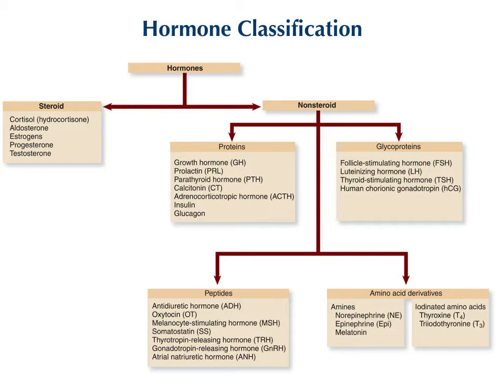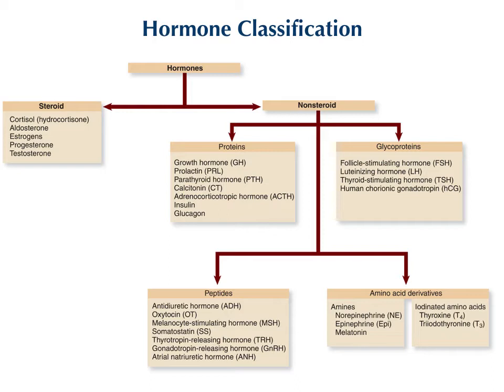You can see some that are very familiar to us over here on the left-hand side: cortisol, aldosterone, the estrogens, progesterone, testosterone, and the non-steroid hormones, which are the bulk of them. All these protein hormones, such as growth hormone, prolactin, parathyroid hormone, calcitonin, insulin, glucagon, are many familiar players for us.